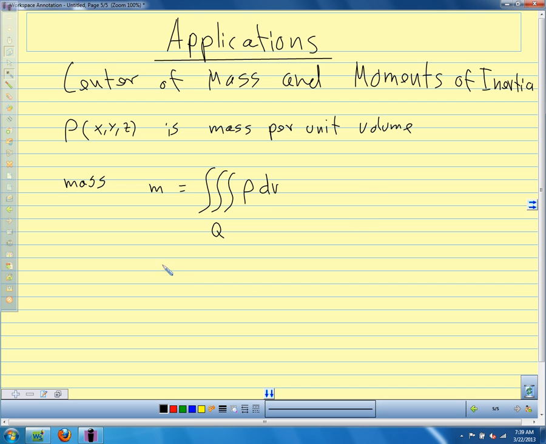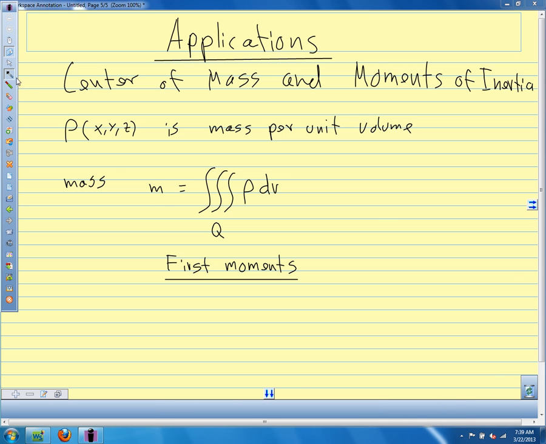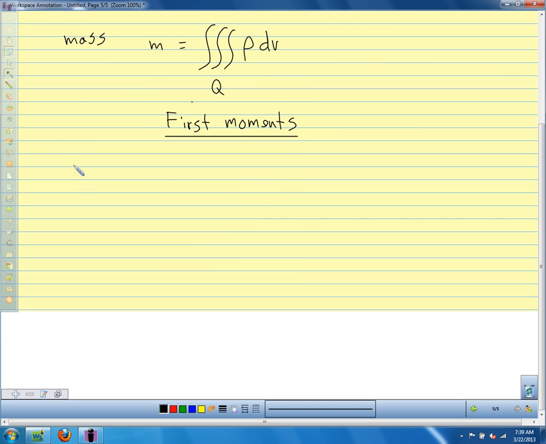Our first moments. Remember, first moment just means we're weighting our quantity by its distance from an axis, and the first comes from the first power. We have several first moments now.